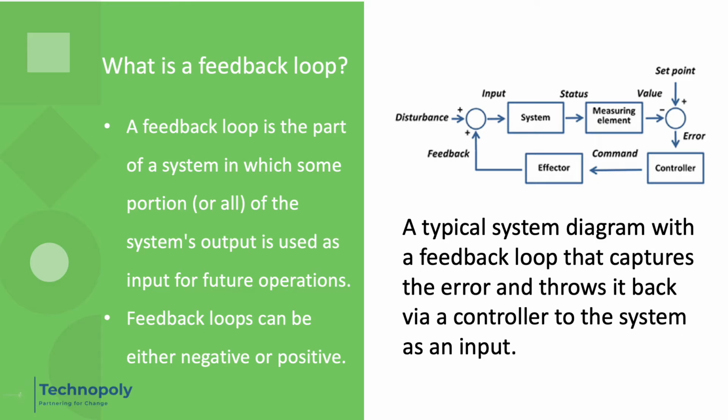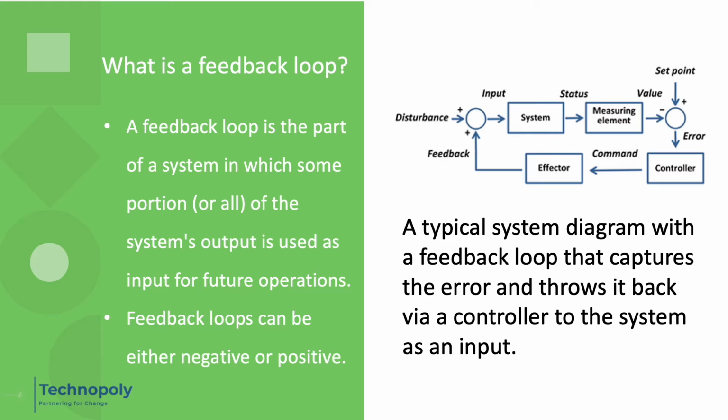When we now try to capture feedback, we now identify what we call a feedback loop. A feedback loop is part of a system in which a portion or all of the output of a system goes back as an input for its future operations or decision.